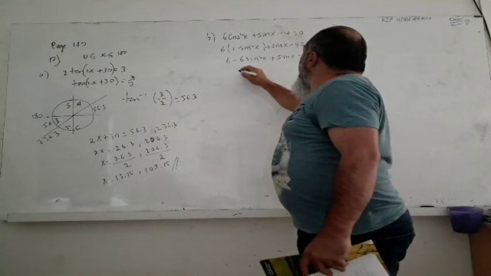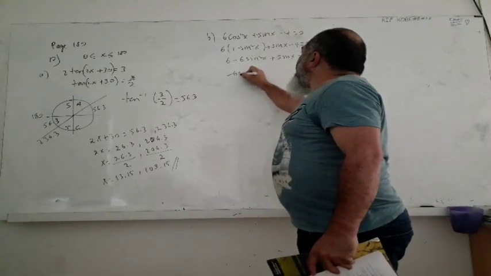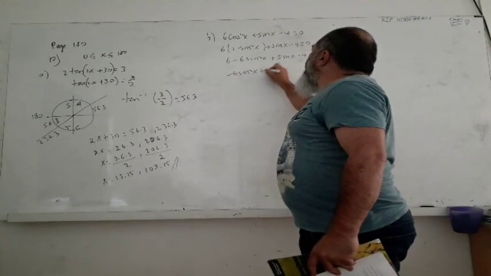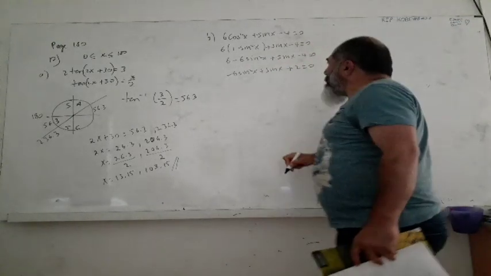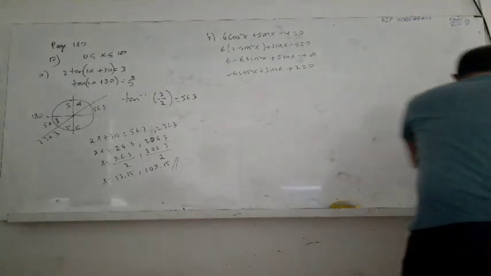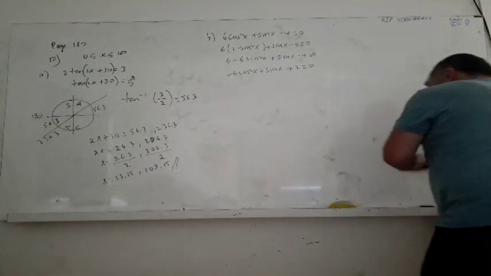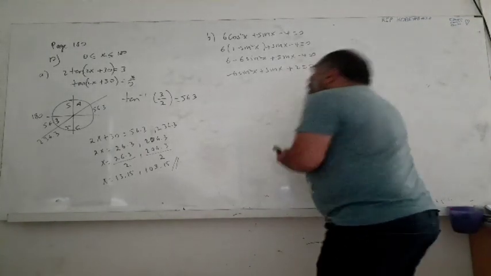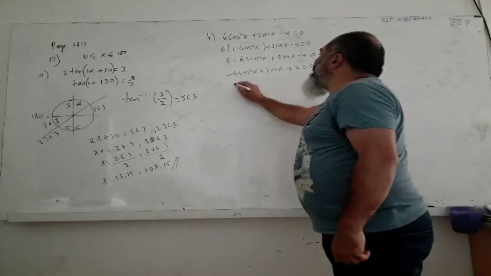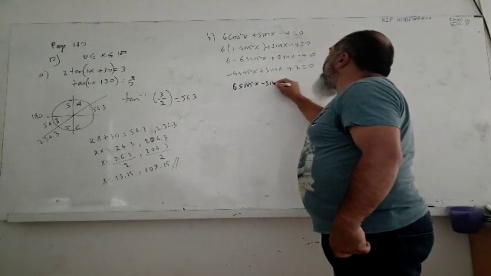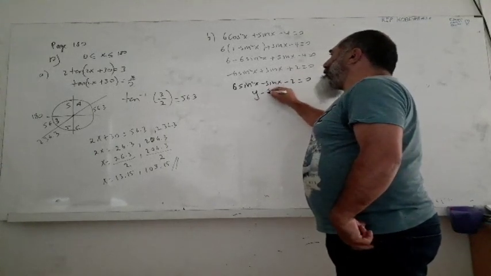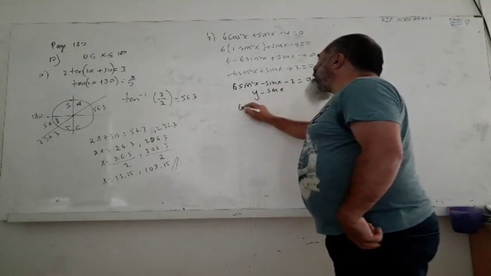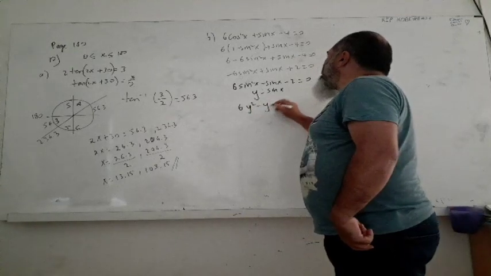So minus 6 sine square x plus sine x plus 2 is equal to 0. Multiply everything by a negative to have 6 sine square x minus sine x minus 2 is equal to 0. Say that y is equal to sine x. 6y squared minus y minus 2 is equal to 0.